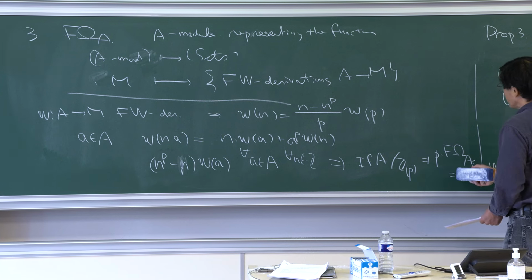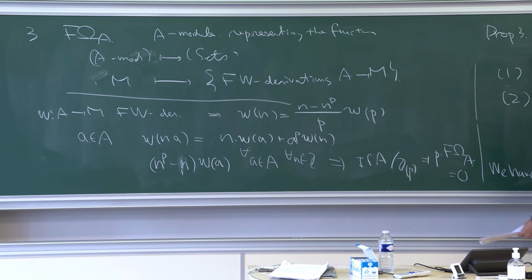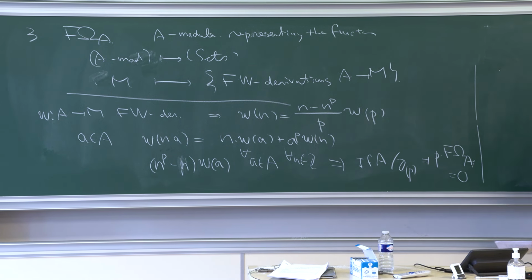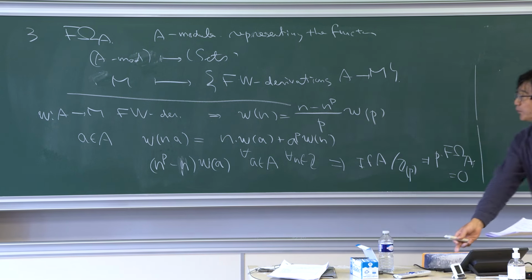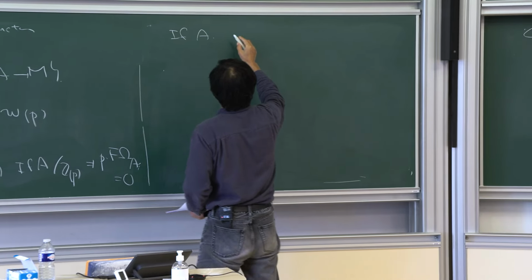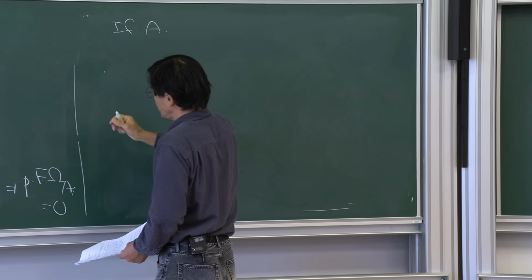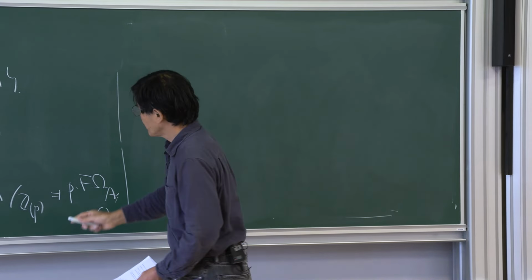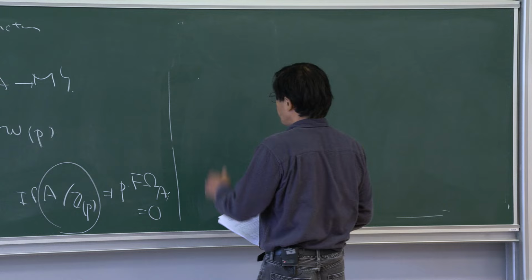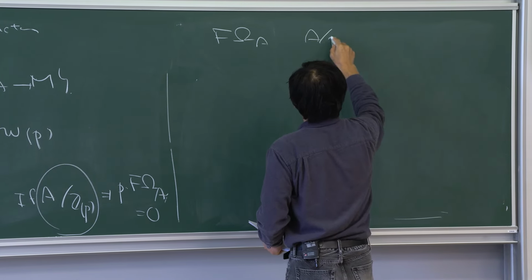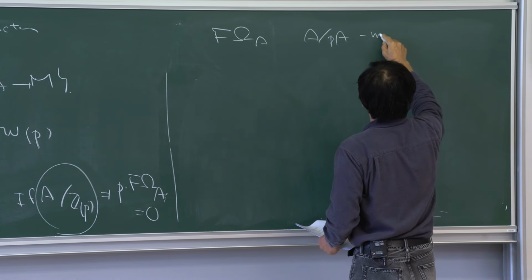So we get something supported only on the characteristic p fiber. So in the following, we always assume this. So F omega A is an A divided by pA module.